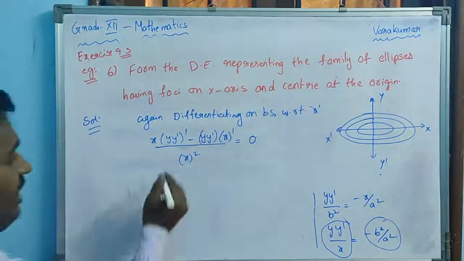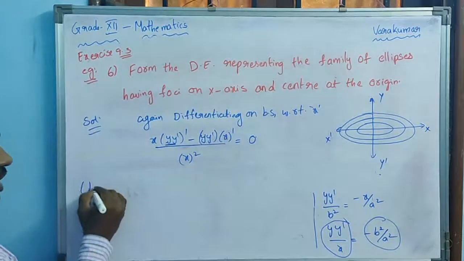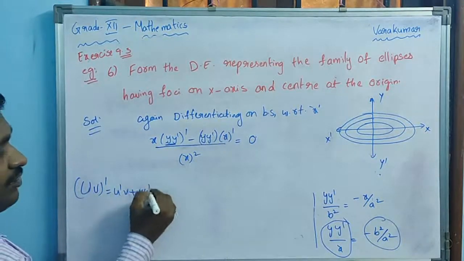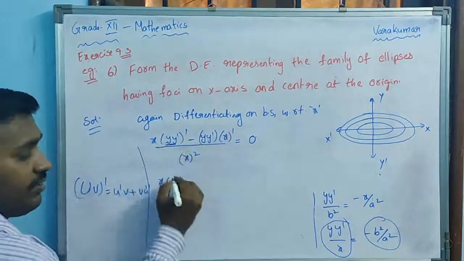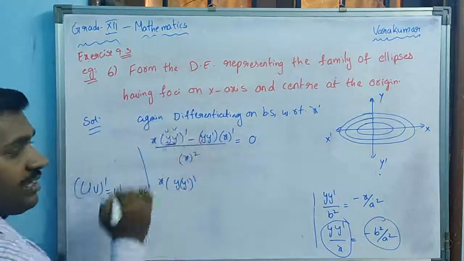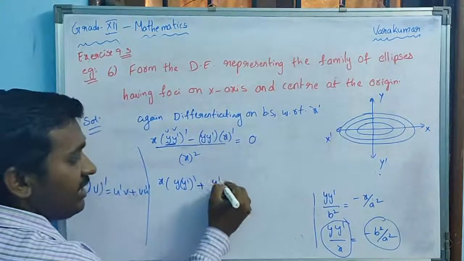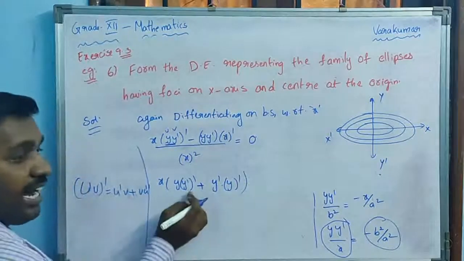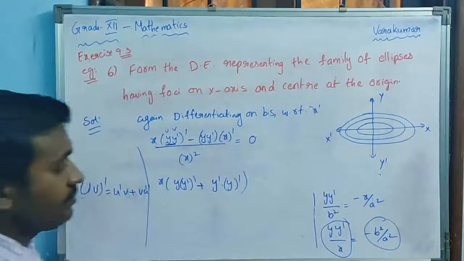Now again, it is the UV method. What is that? UV whole dash, which is u dash v plus v u dash. If you apply that, what happens? x into y dash whole dash. This is u and this is v. So y double dash plus y dash into y dash, u v dash plus v u dash. Okay, fine.